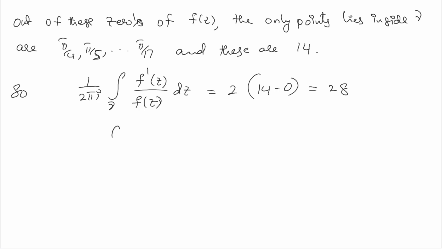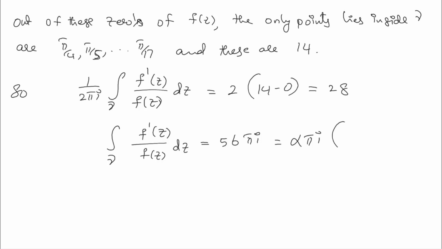But it is asked to calculate the value of the integration over gamma of f dash of z divided by f of z dz equal to 56 times pi i. So this is given as alpha pi i. So the value of alpha is nothing but 56.